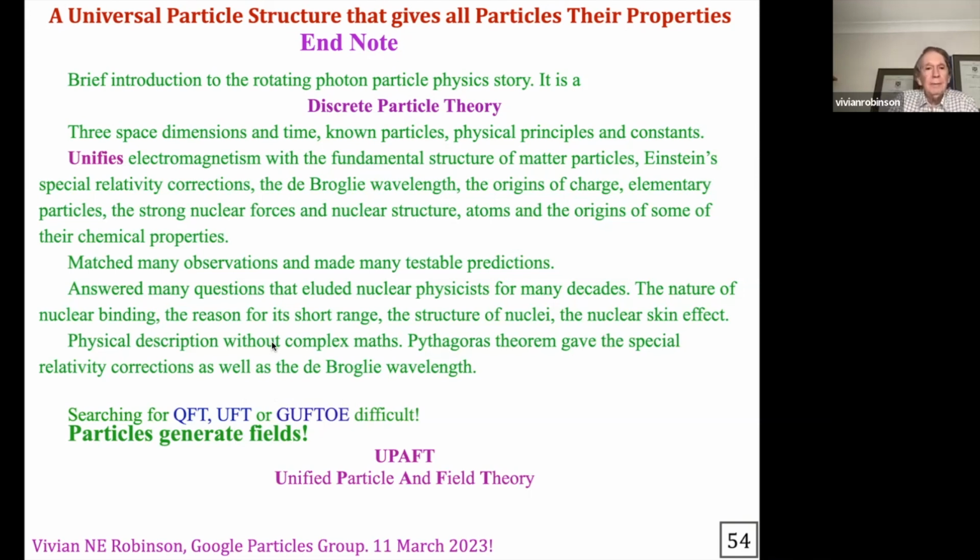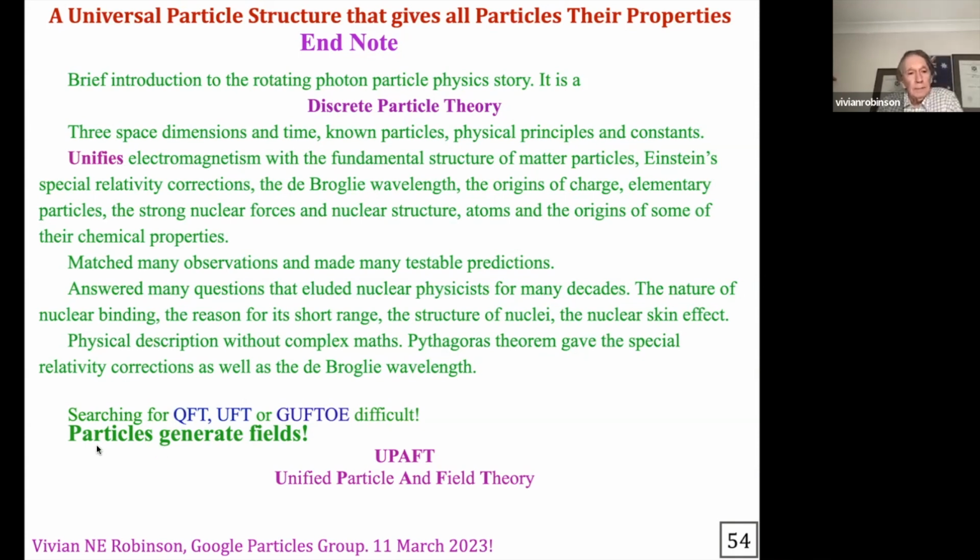It's been a physical description, done without complex maths. Pythagoras' theorem, as I said, gives special relativity corrections as well as the de Broglie wavelength. Much of the rest of the maths is available elsewhere. I'll get onto that in a minute. I think people have been searching for, and using, field theories, and some suggest that particles are just manifestations in a field.